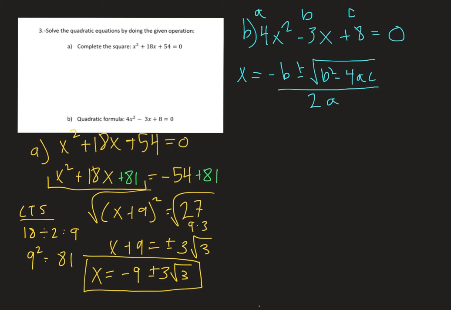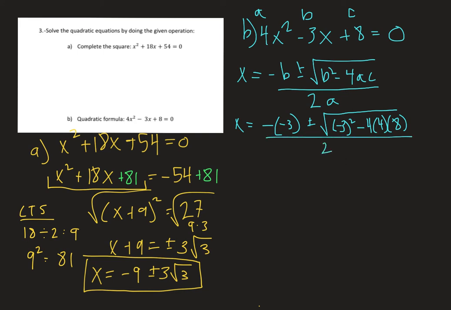So we put those into the formula, so we have x equals negative b, so that's negative 3, plus and minus the square root of b squared, so that's negative 3 squared minus 4 times a times c. All of that over 2 times a.